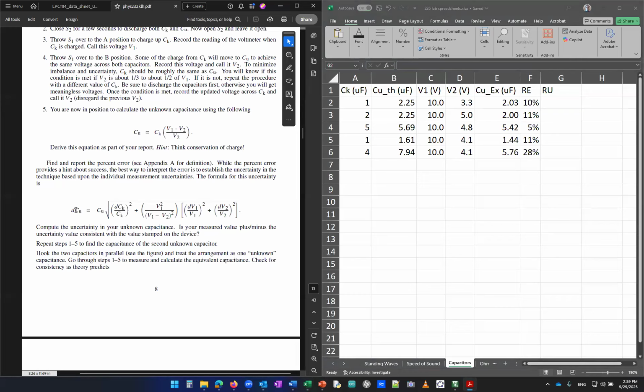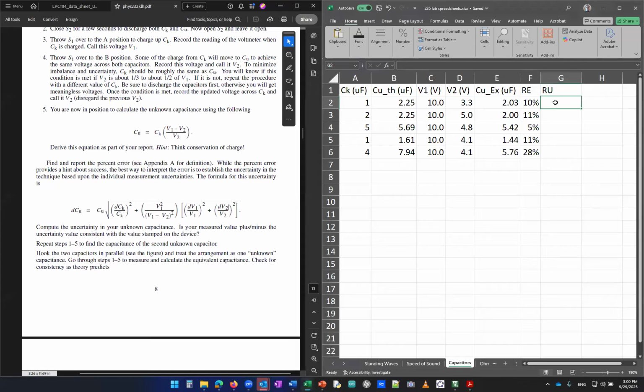So the uncertainty here is difficult to estimate without knowing how uncertain the known capacitor is. So we'll try to estimate the unknown capacitor, having an idea that maybe the uncertainty right here is about 10%. So we'll skip this, we'll calculate that first.